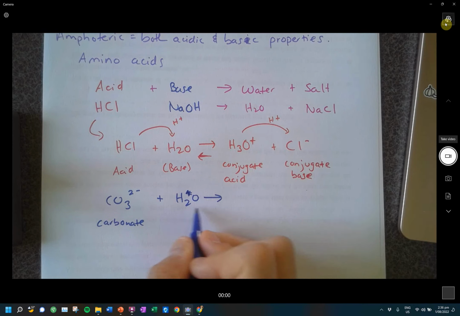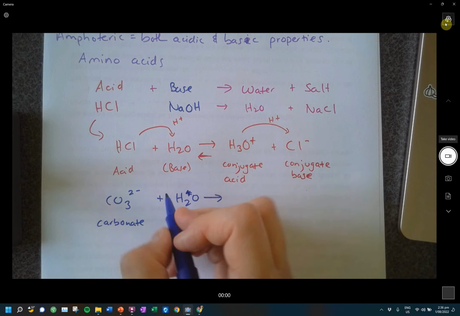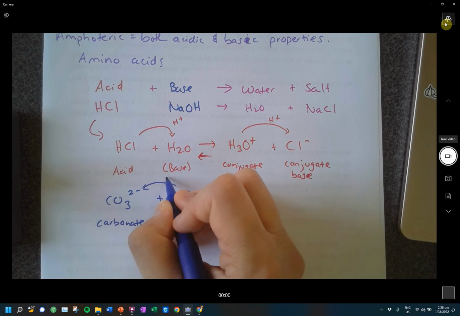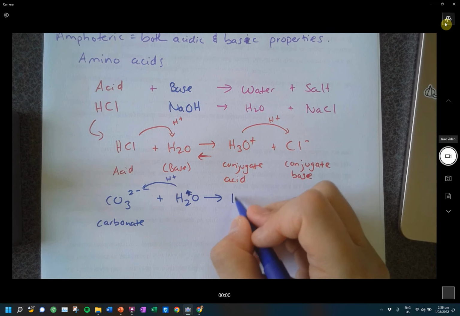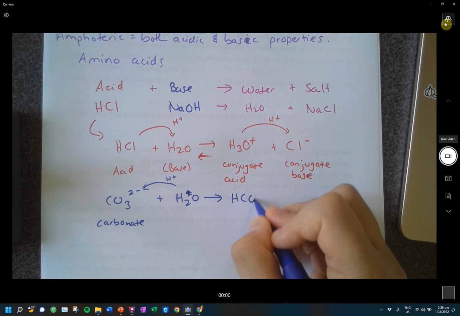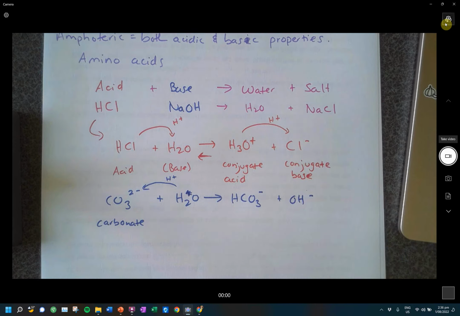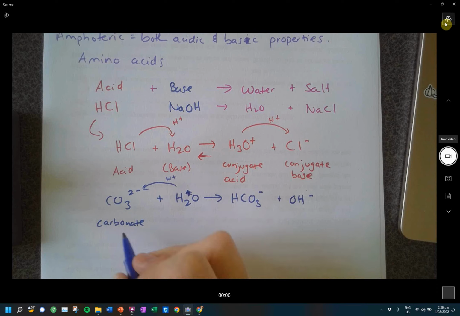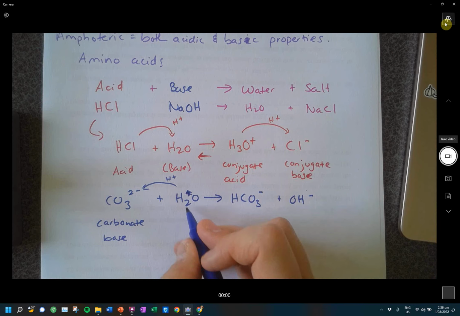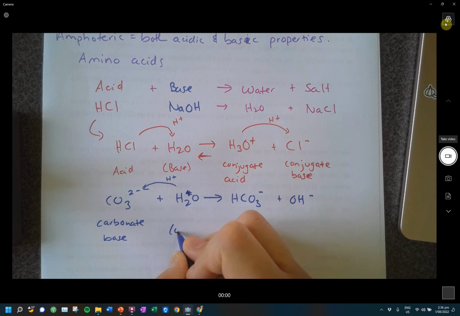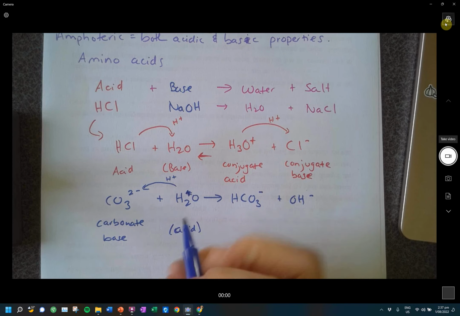So in this case, we have H2O and we have carbonate. One of those hydrogen ions can go onto that carbonate, forming bicarbonate, and the OH minus. So if I was looking at my vocabulary here, this is my base because that's the proton acceptor. The water in this case is acting as an acid because it's donating its hydrogen ion.